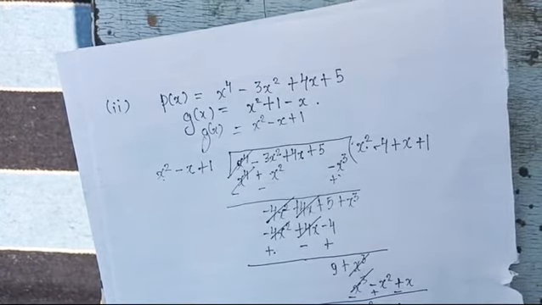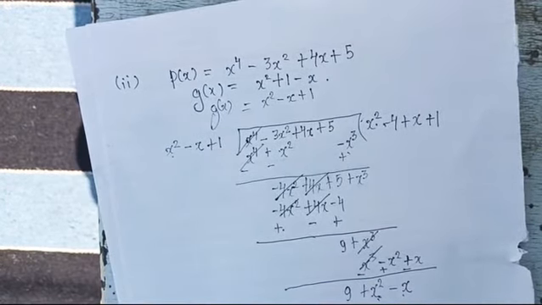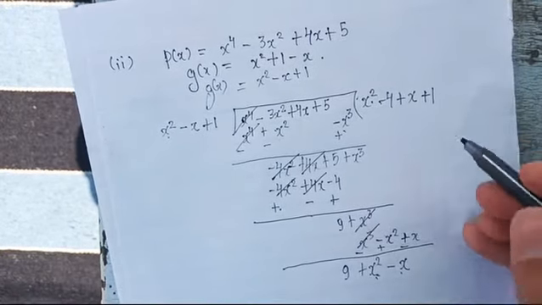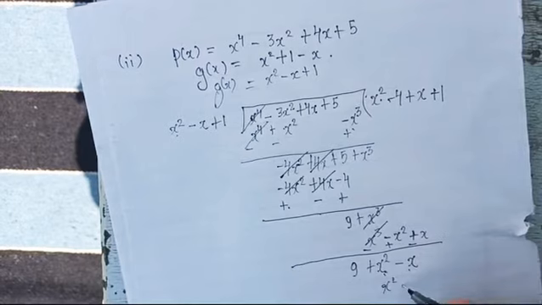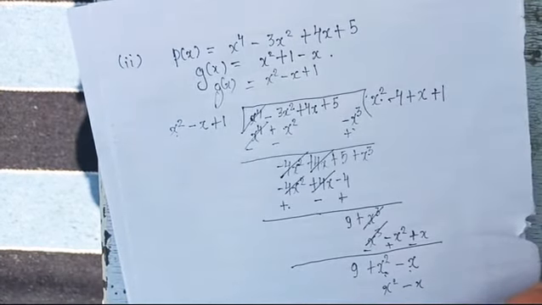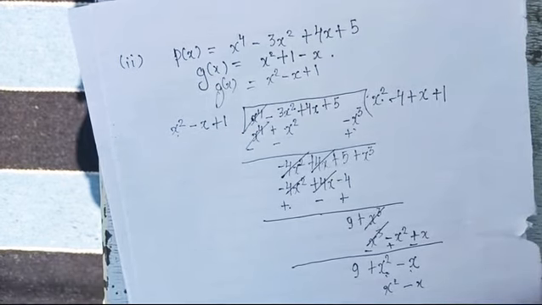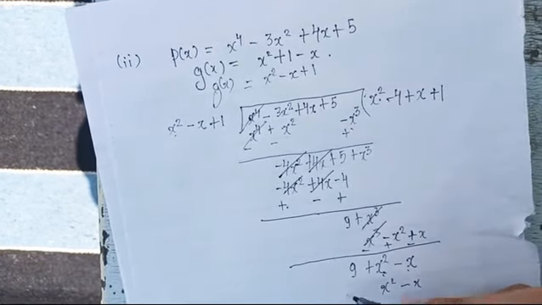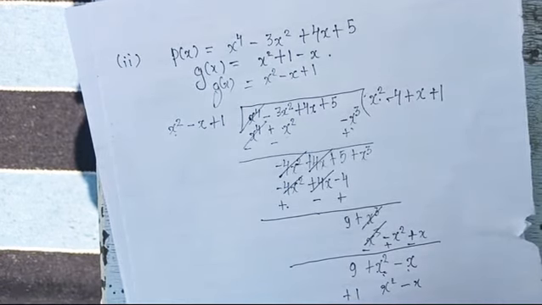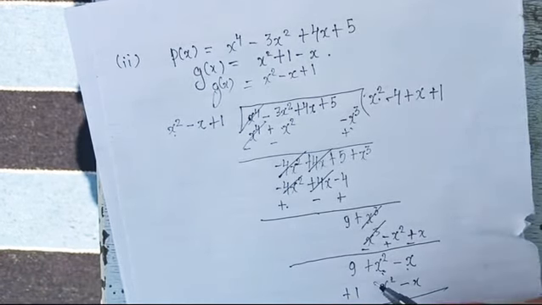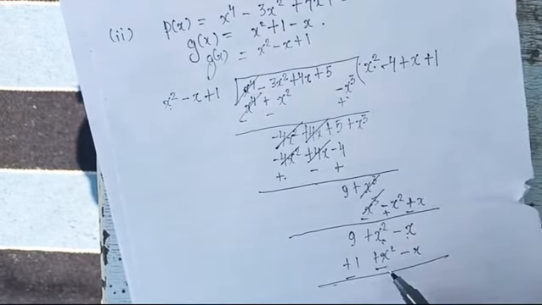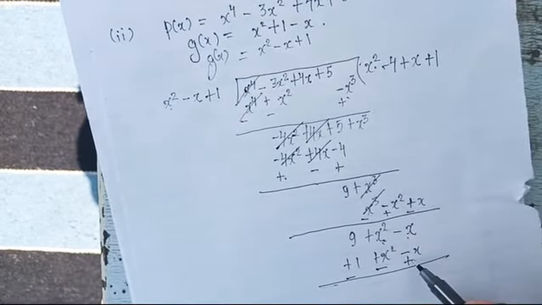Okay, we will just multiply with plus 1, and it will become x square as it is, minus x as it is, and this 1 into 1 is plus 1. Okay, now changing the sign convention, minus minus will become plus.